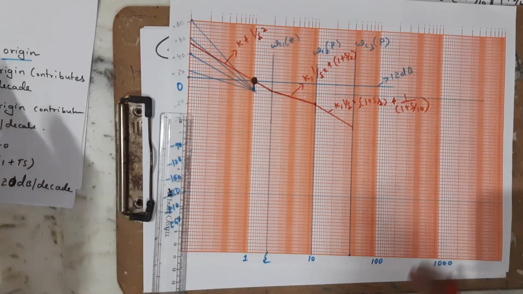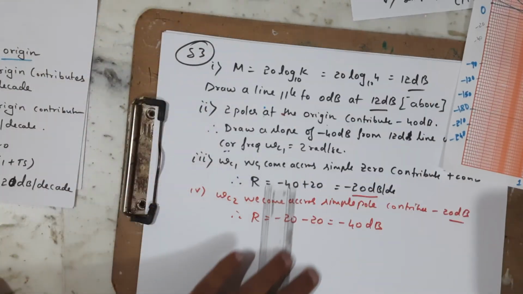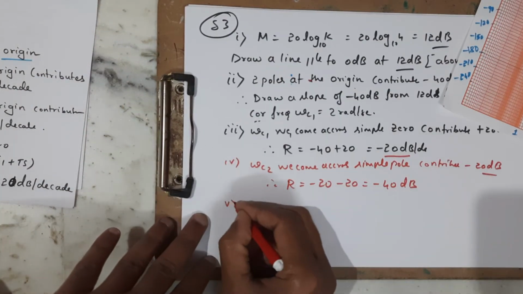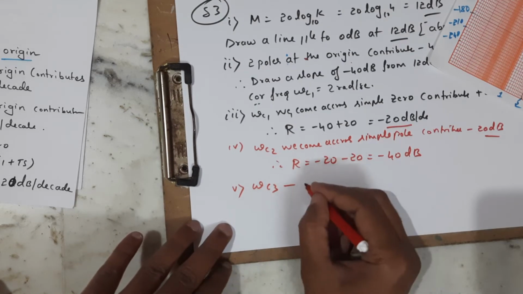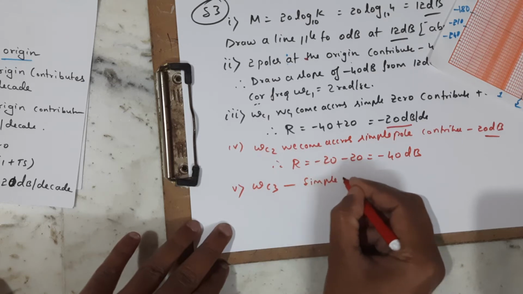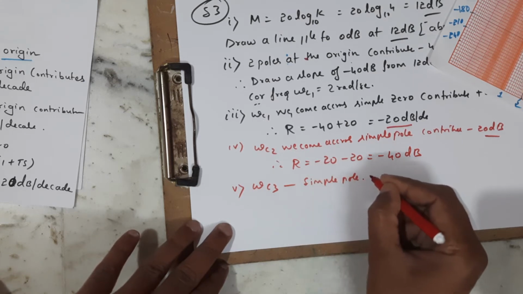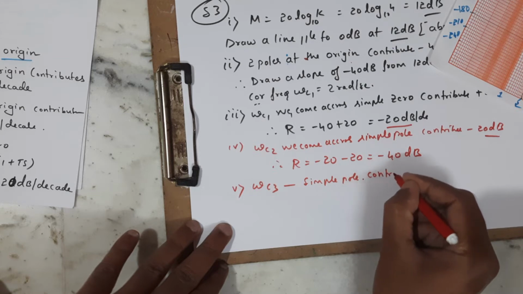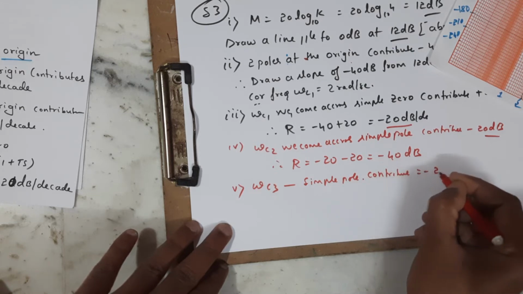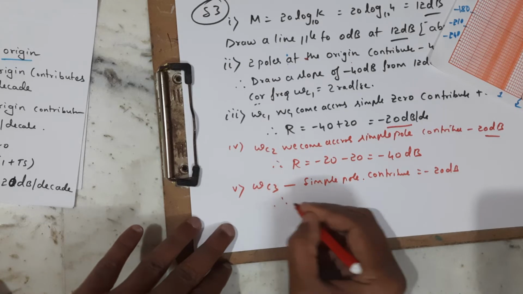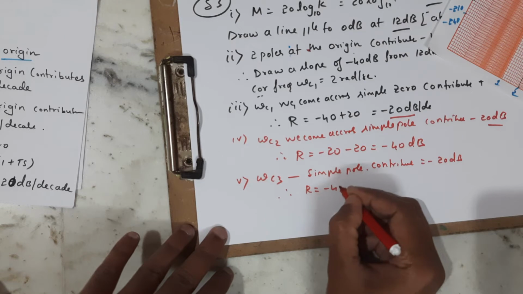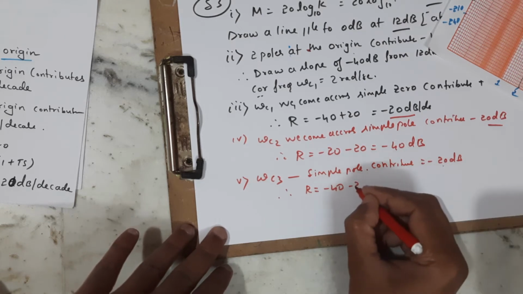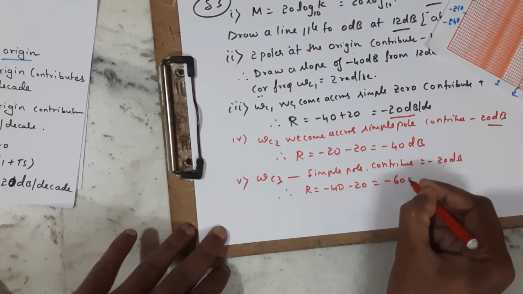Okay. Next, what next? At omega c3, the fifth factor, we come across another simple pole. So it contributes how much? Minus 20 dB. Therefore the resultant is, previous slope is minus 40, this contribution is minus 20, so minus 60 dB.